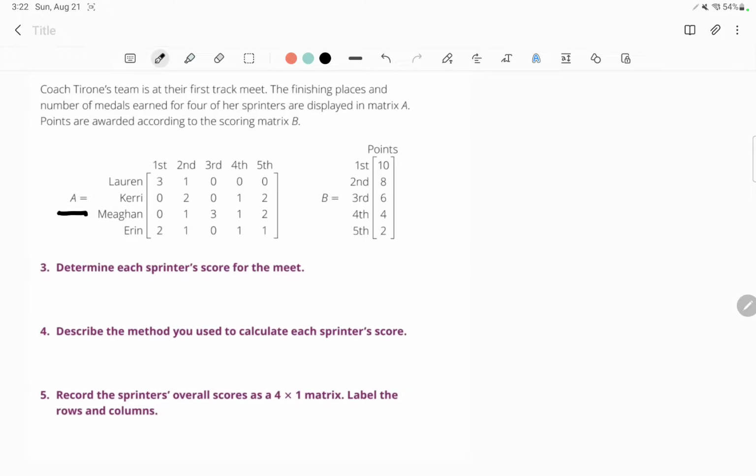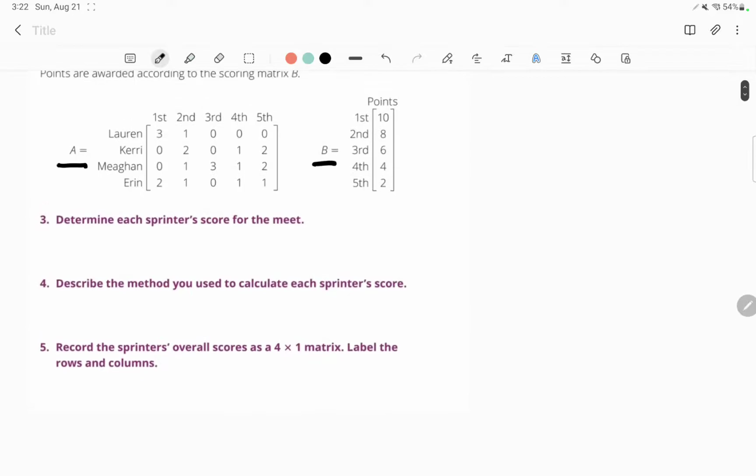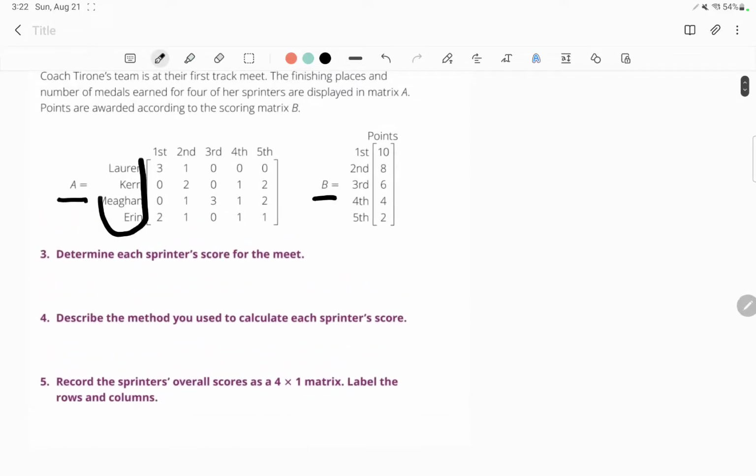So now matrix B is going to be the points that are awarded according to the scoring of the matrix. Okay. So let's go back. I read that all wrong. So there was this track meet. They did races. So this is the runners, and this is the places that they got. Now, according to what place they made, this is the points that they get for whatever place they make it on.